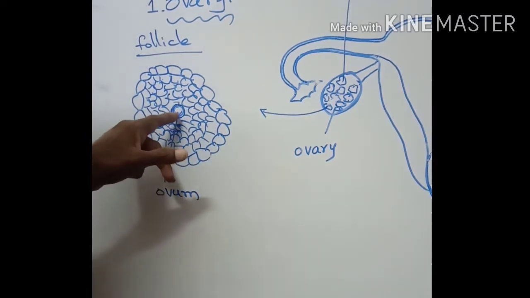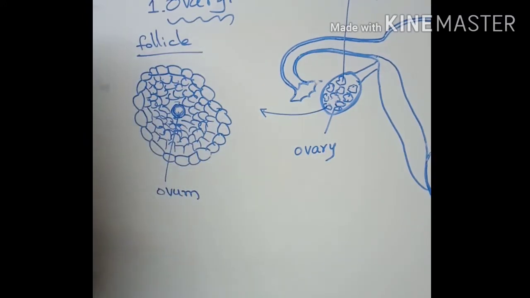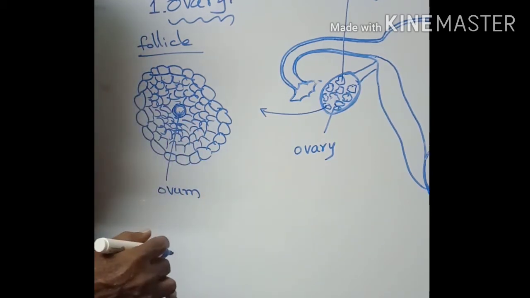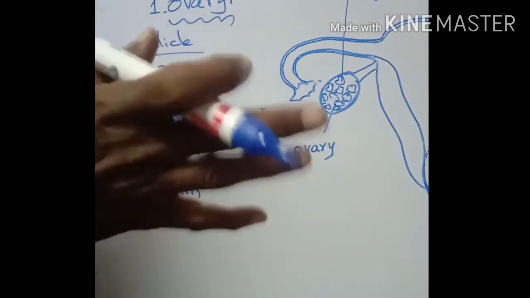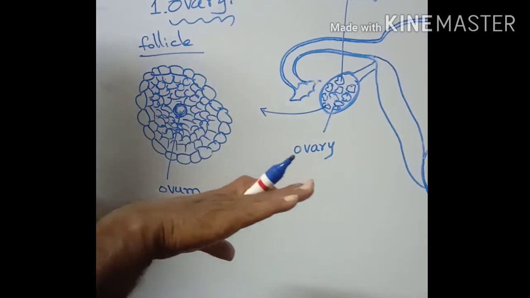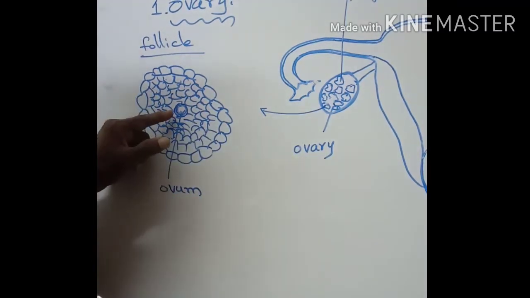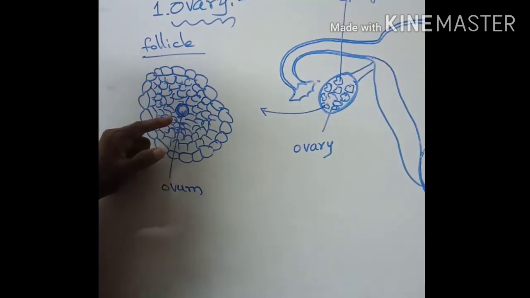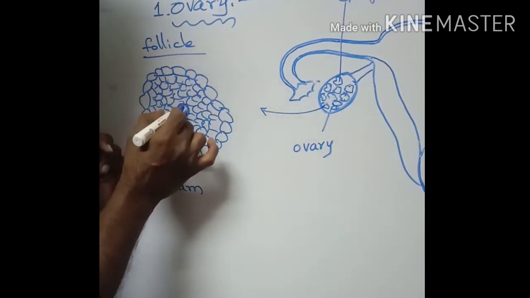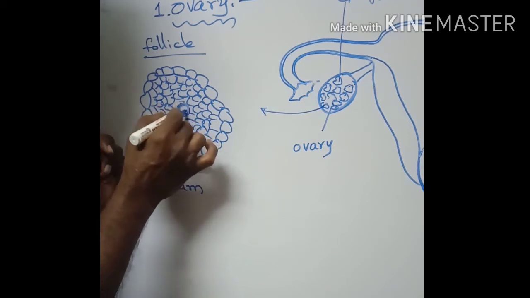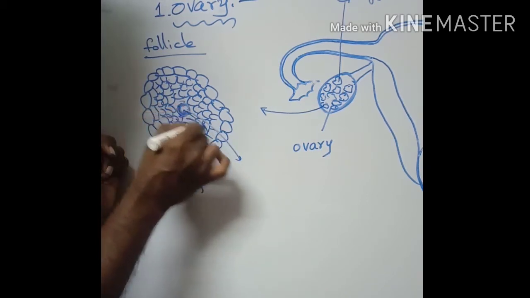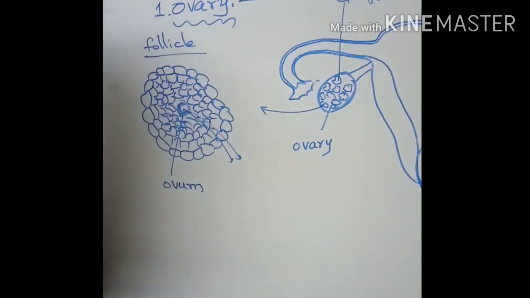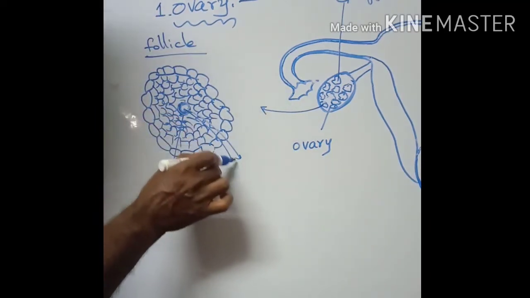This ovum gradually grows. Then how many days does it grow? In a month, from the beginning up to 12 days, it grows gradually. Then maybe on the 13th day, it comes outside from this follicle, which means it is released.